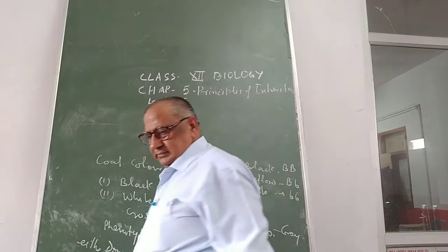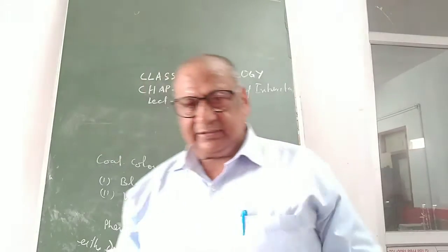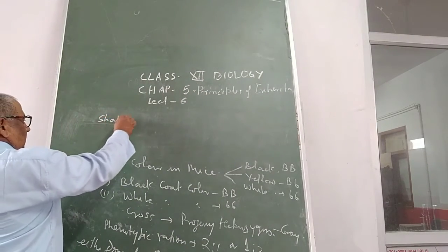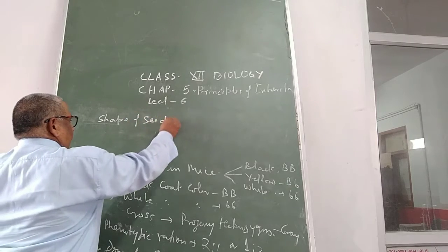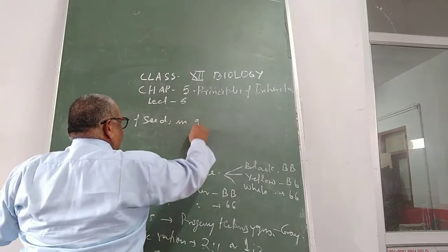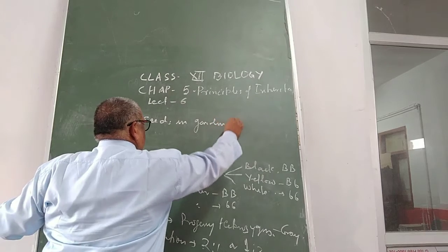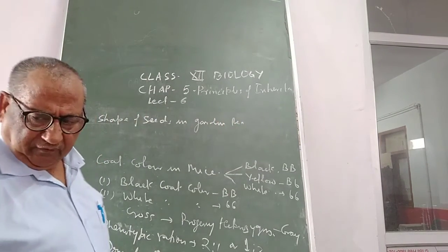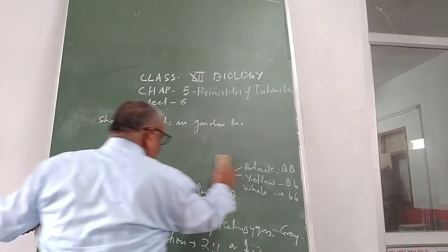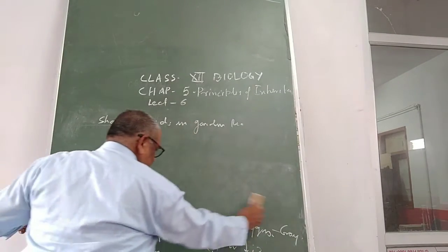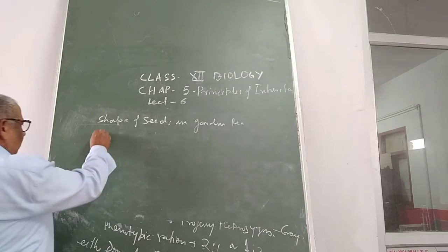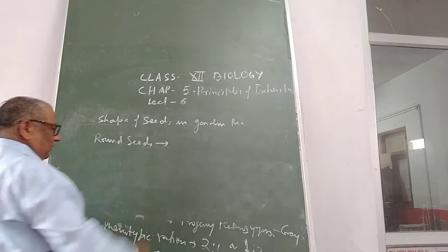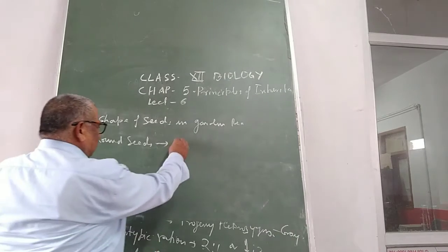The shape of seeds in garden pea. Now in shape of seeds, we find they have round seeds, and round seeds mean they have full starch content.